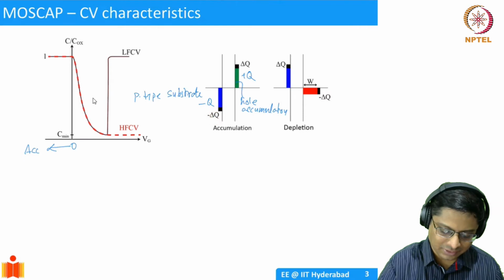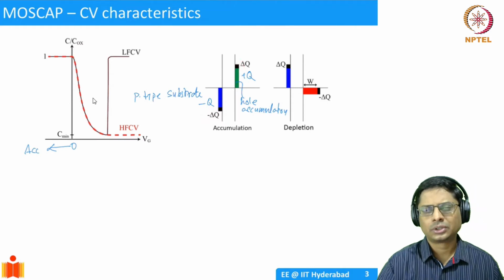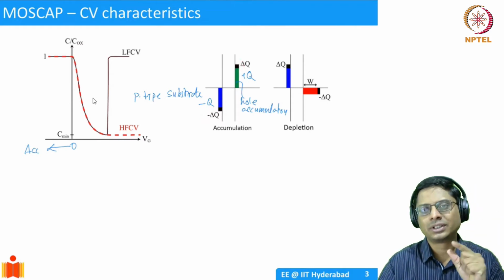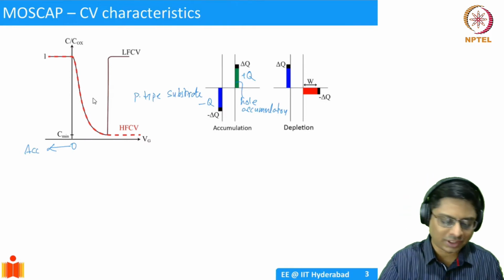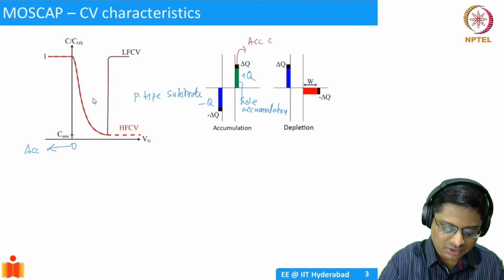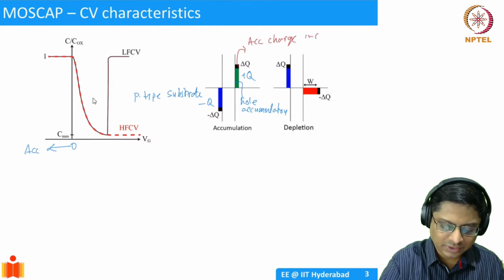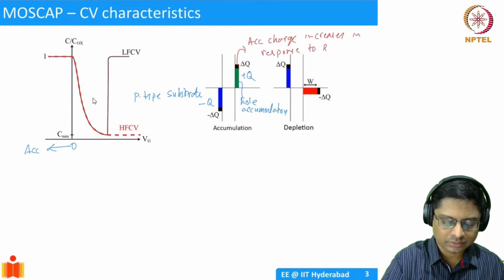If we have this minus delta Q here, there's going to be a plus delta Q. So you change the gate voltage by a tiny amount, you change the gate charge by a tiny amount, and the balancing charge will be in the accumulation charge. So basically your accumulation charge increases in response to the small signal.